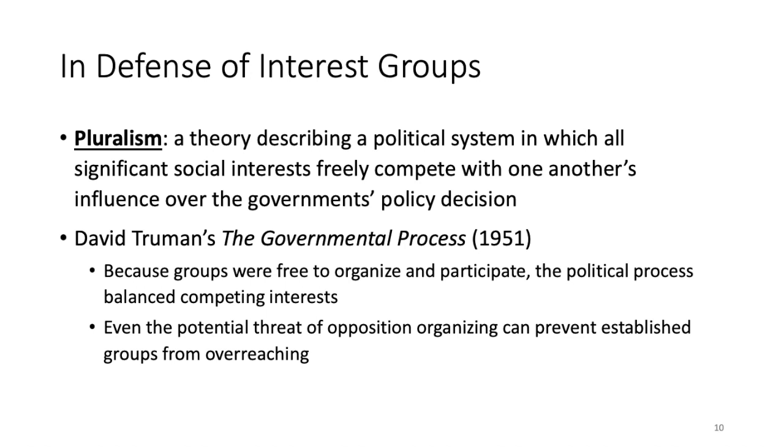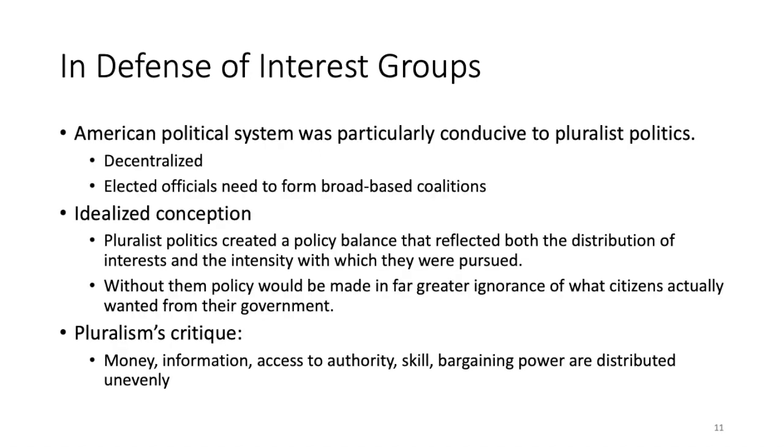Even the potential threat of opposition organizing, according to Truman, can prevent established groups from overreaching. So in order for our pluralistic society to really thrive, we need all groups of people to constantly try to reach in and influence government and not just let one group gain control.